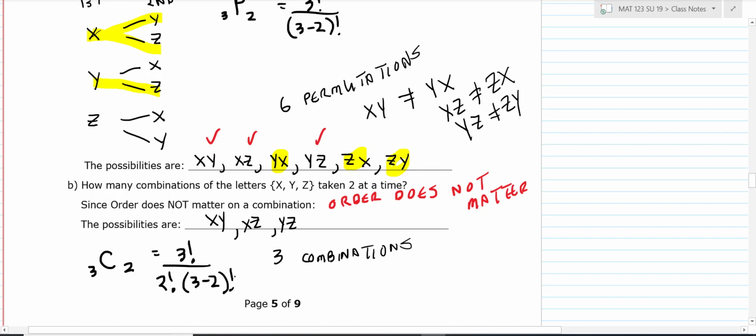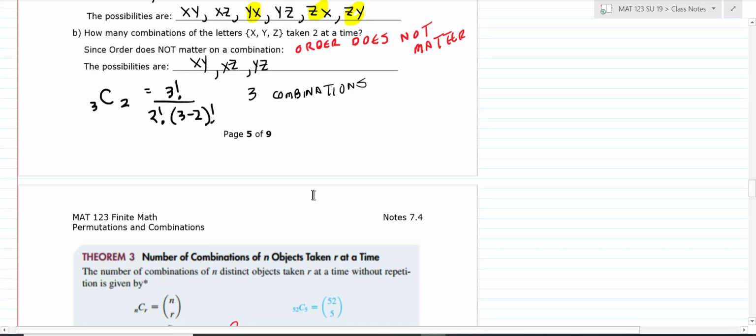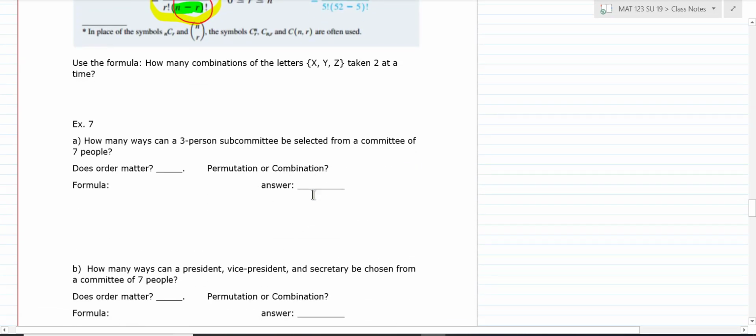If you look at the difference between those two, that's ultimately how you get the answer to the problem. It turned out that 2 factorial is 2, which is why we ended up getting half the number of combinations. Okay, so let's use that formula on the problem we just did.